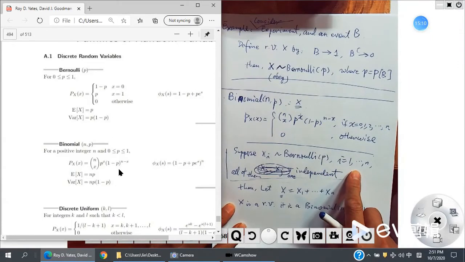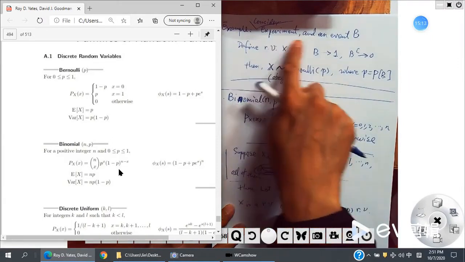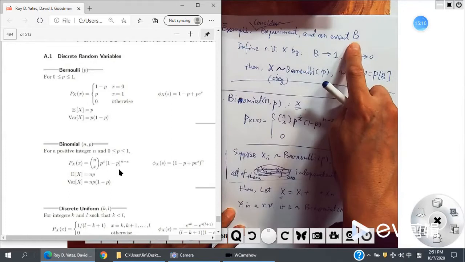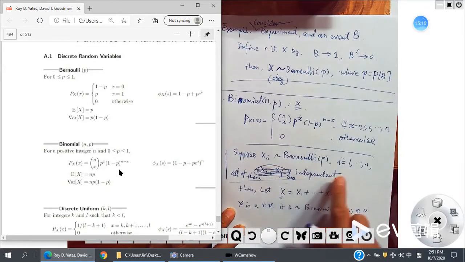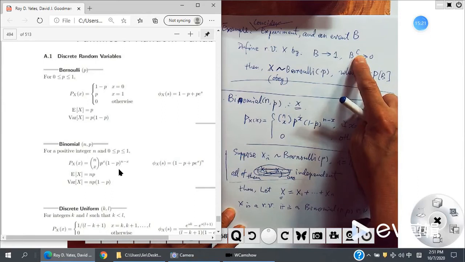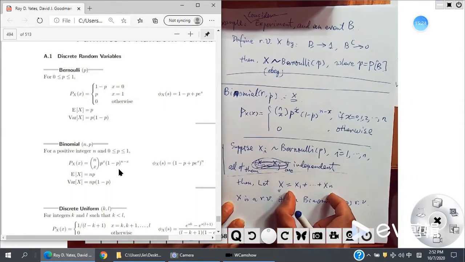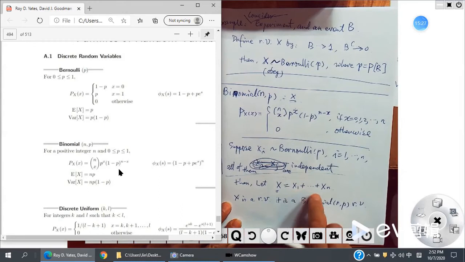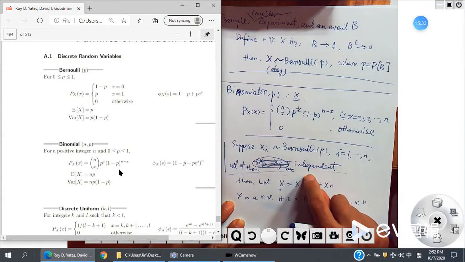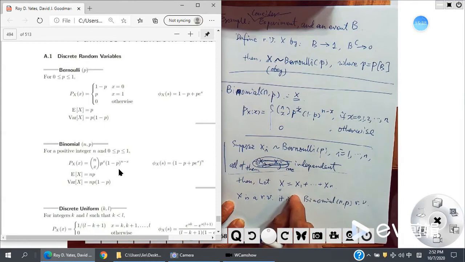For every Xi you check this experiment and check whether B happens. In these n times, some B happen, some B do not happen. The 1 corresponds to B happening, 0 to B not happening. Then do the summation. This X is just the number of times B happened in these n times. Out of these n experiments, how many B you can have.